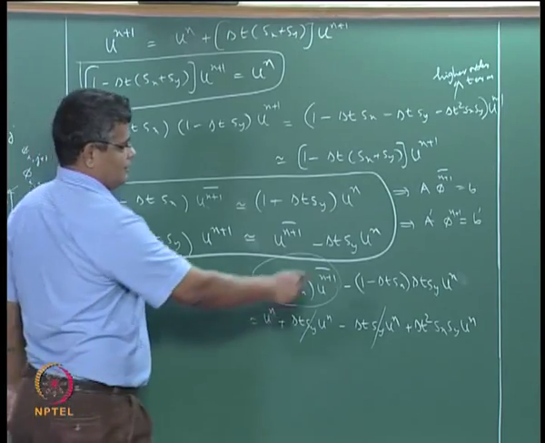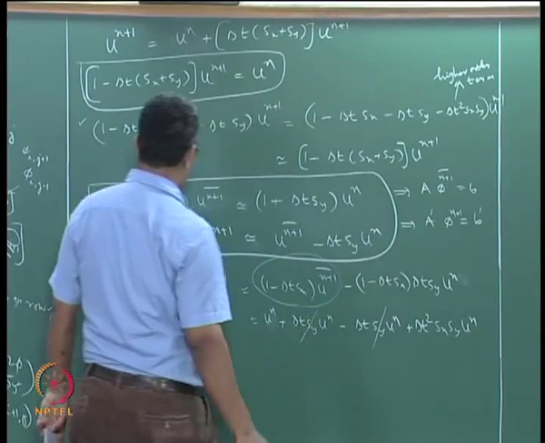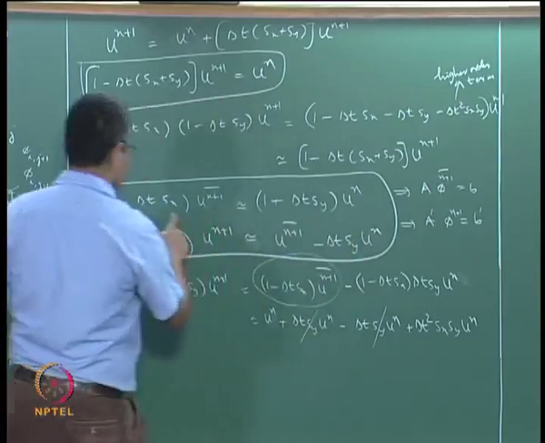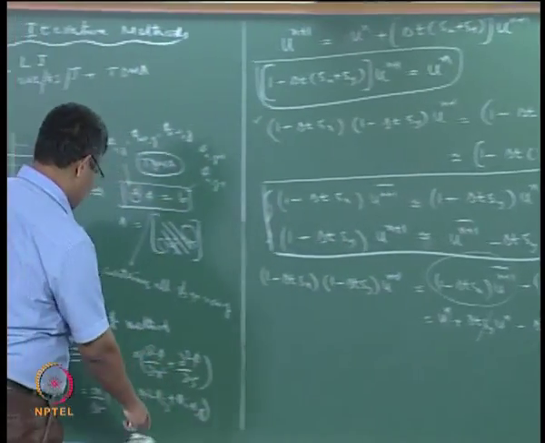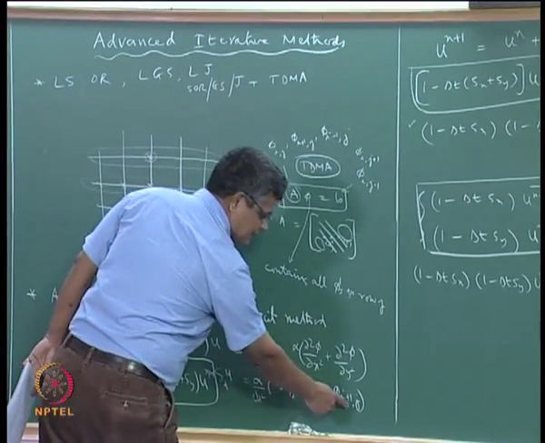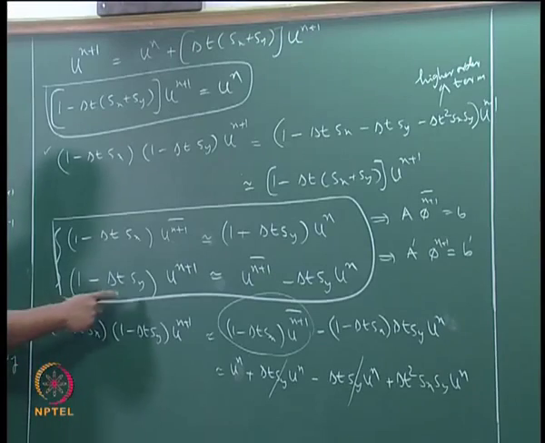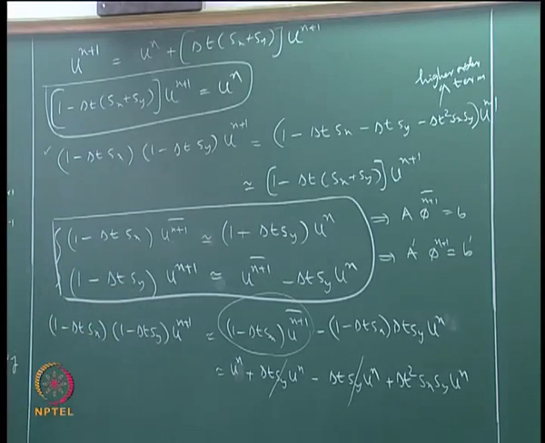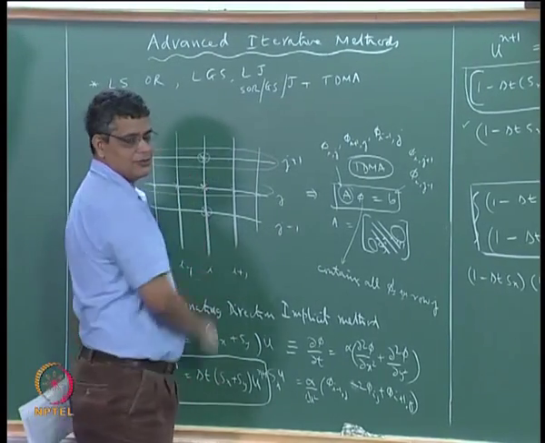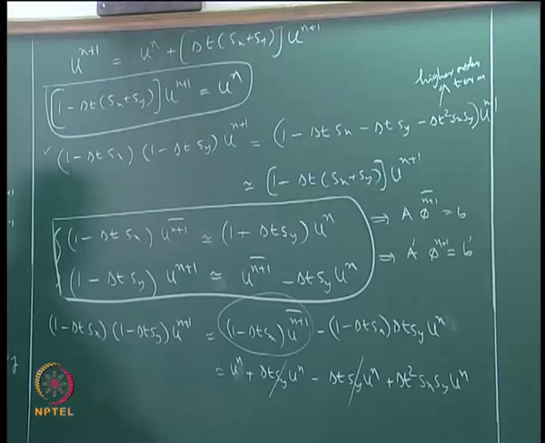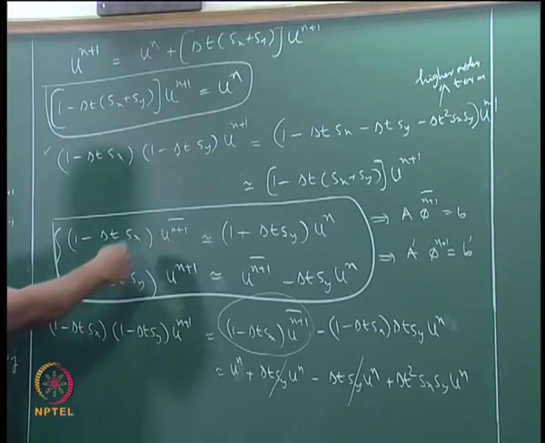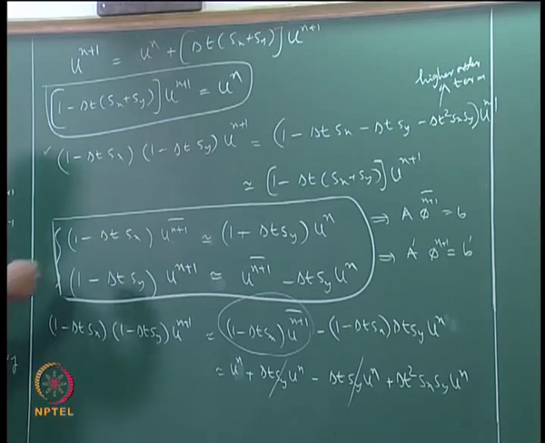So you can apply the TDMA scheme because this contains only Sx, and we know Sx is I minus 1, I and I plus 1, and this contains only Sy, which contains only j minus 1, j and j plus 1. So this enables us to go from n to n plus 1 in a sequential way, in an alternating way.